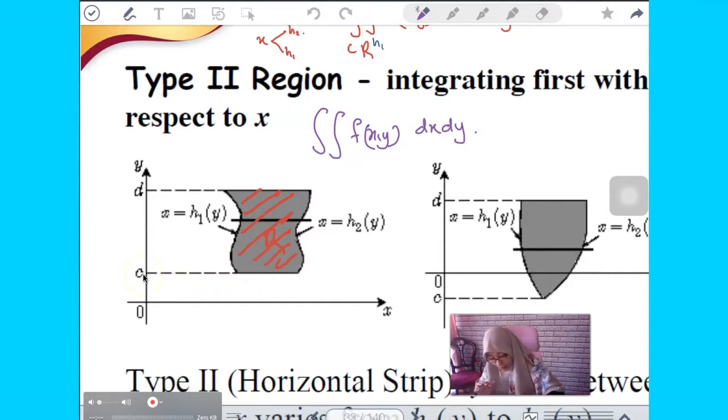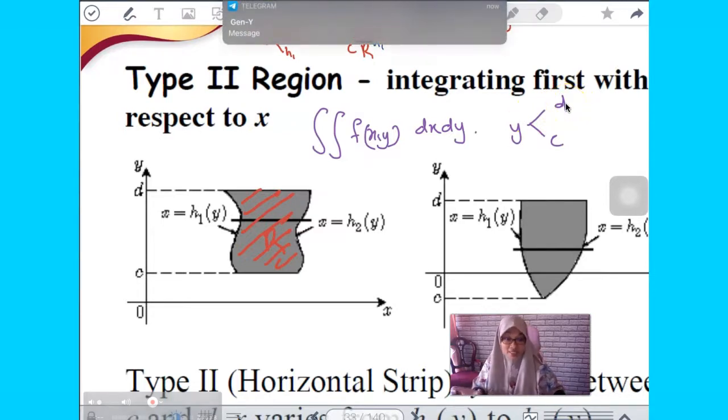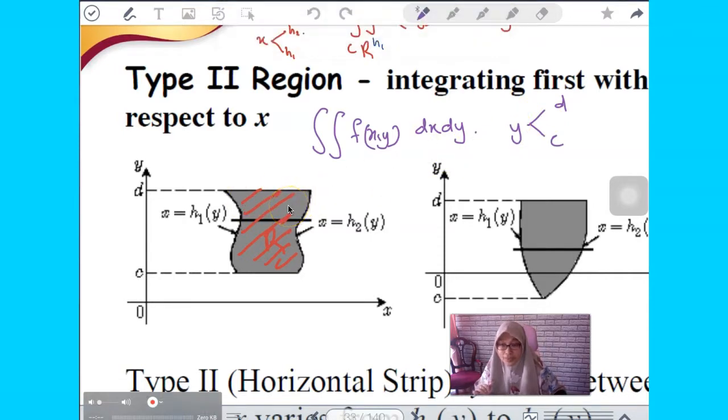Then the highest value of y is lying on this line, and this line belongs to y equal to d. You have to read it just like y equal to c, y equal to d, not a function but a constant, which will give you a straight line. So that is about y.